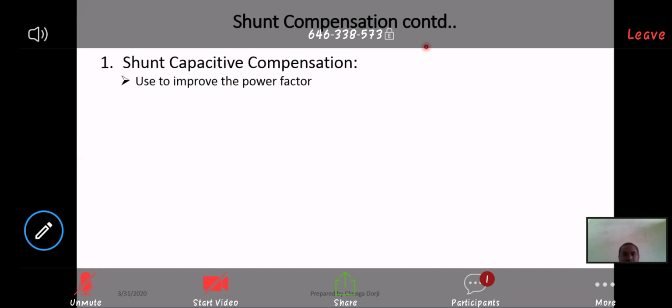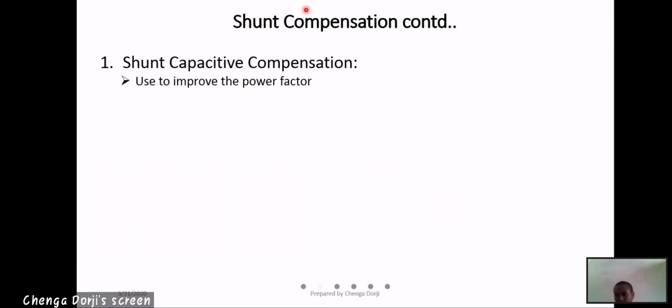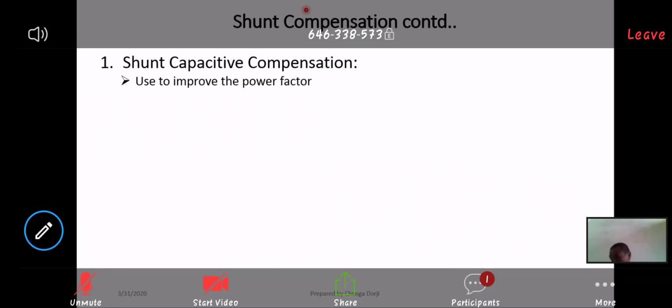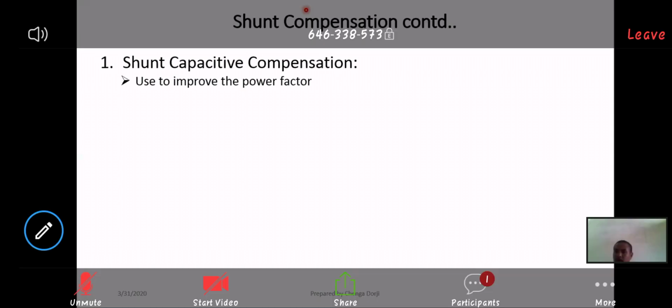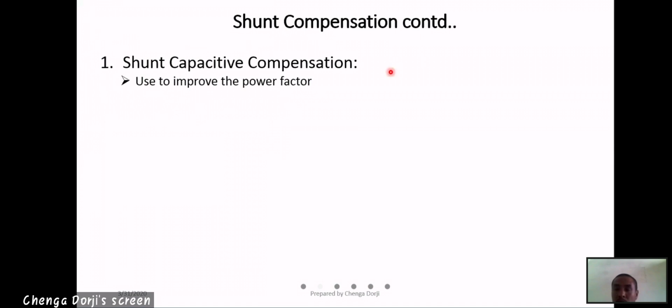Kinle, any idea? Kinle, are you online? Yes, sir. So any idea how a capacitor is used to improve the power factor? Samjana, any idea? Don't know, sir.